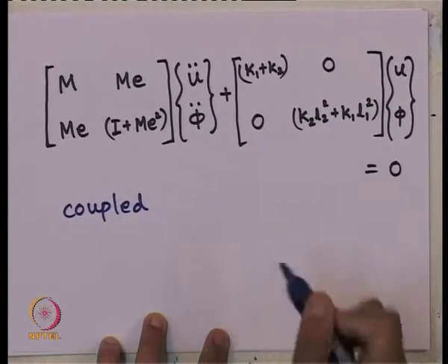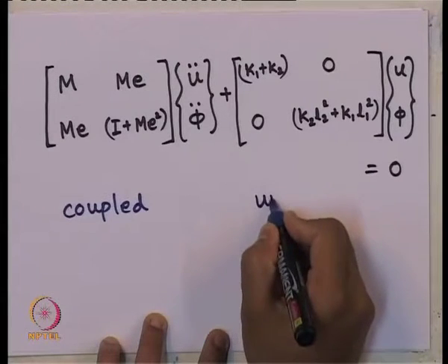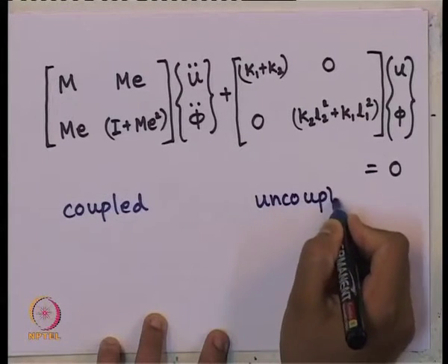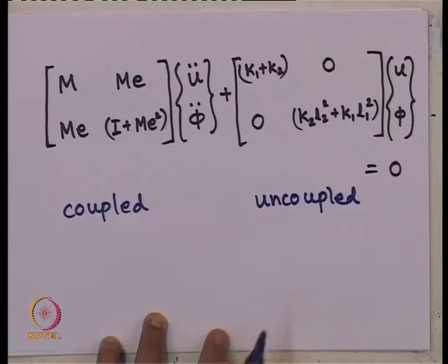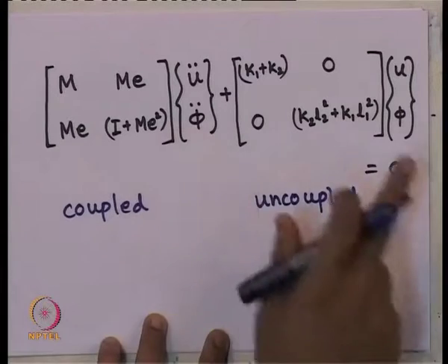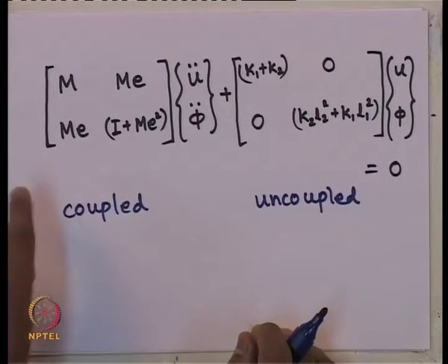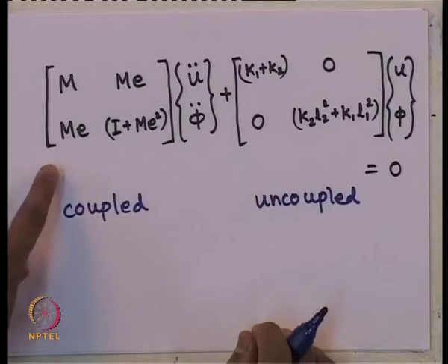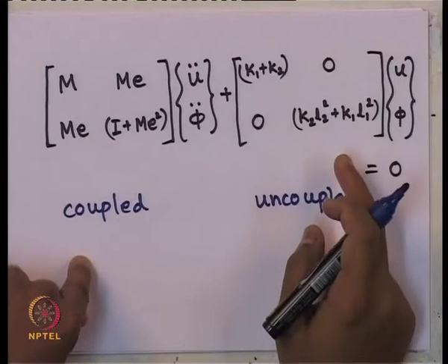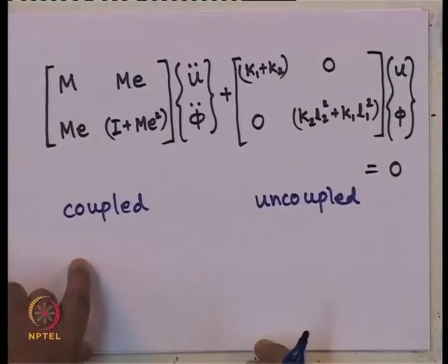So, the stiffness matrix is uncoupled in this case. So, by changing our coordinate system for the same beam problem, with the rotational axis passing through the elastic center instead of the CG, the basic equation of motion changed: the mass matrix from uncoupled to coupled, and the stiffness matrix from coupled to uncoupled.